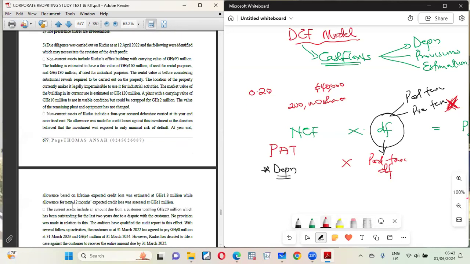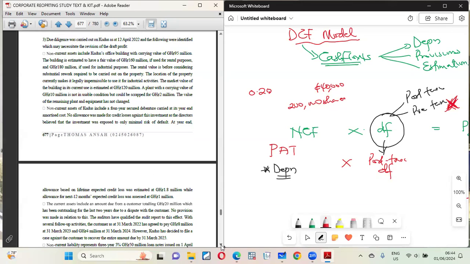For example, at the end of the year, allowances based on lifetime expected credit loss was this. So before you value an asset, the receivables in there, make sure you have applied the IFRS 9 expected credit loss. This is why people say the thing is difficult. You don't need to forget that you have learned IFRS 9. You just come and apply it, to situate the figures where they should be. Then you just go on and do it.